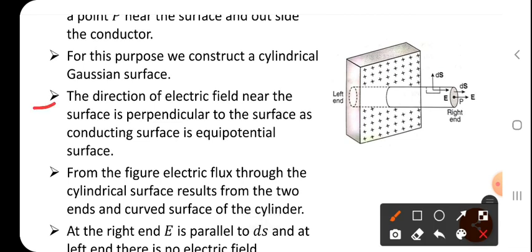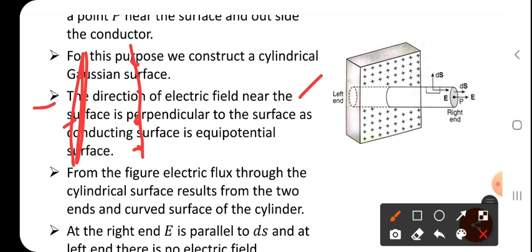The direction of the electric field near the surface is perpendicular to the surface, as a conducting surface is an equipotential surface. Equipotential means if we calculate the potential at this point, the same potential is present at this point, and here, and here.